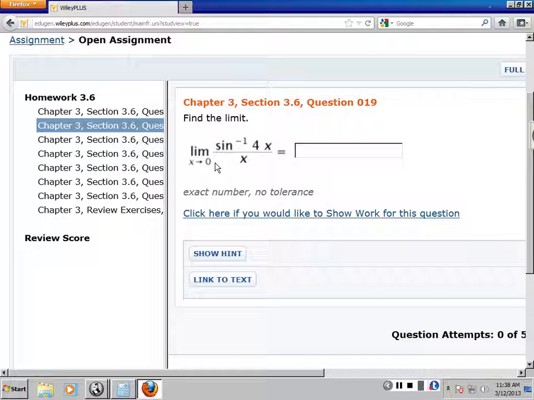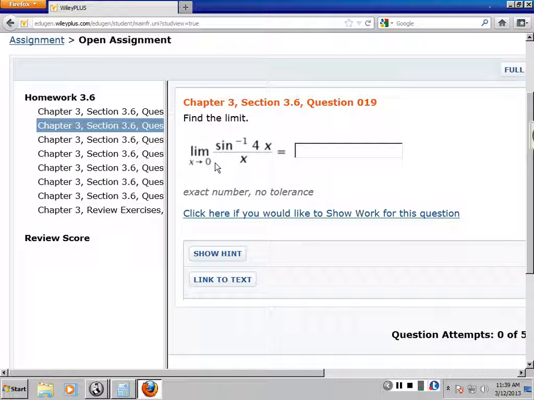So if I have the derivative with respect to x of, let's call it u, sine inverse of u, I get 1 over the square root of 1 minus u squared, times du over dx, right? u is a function of x. So keep in mind that the 4 is going to play a role there. So yeah, it would be times 4.